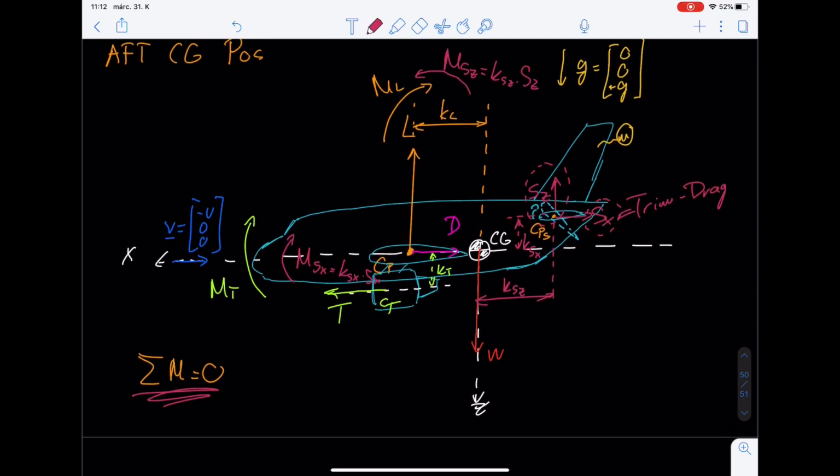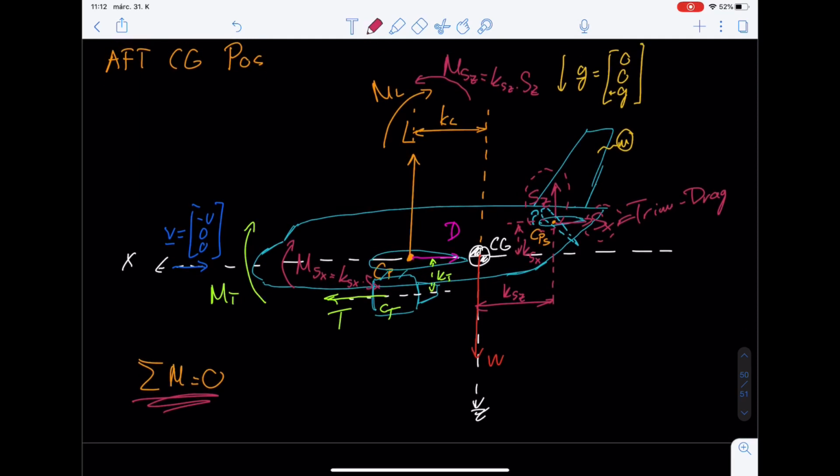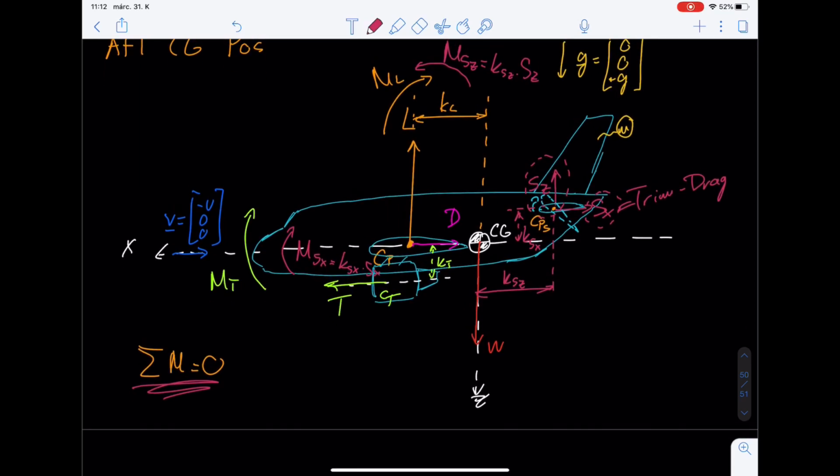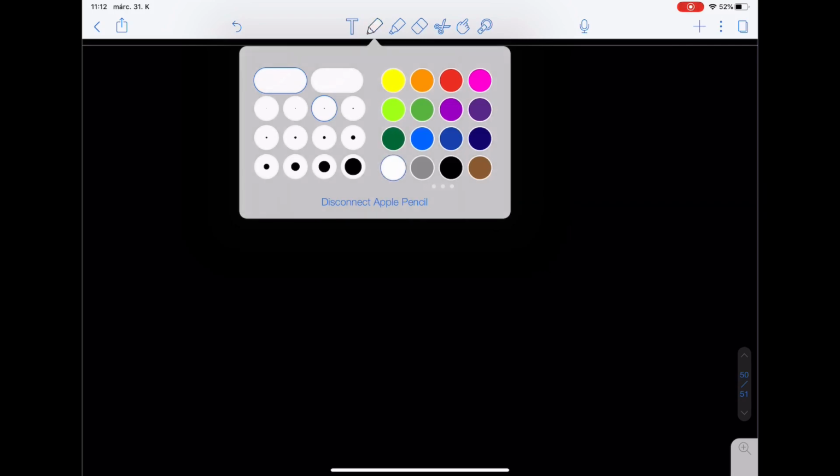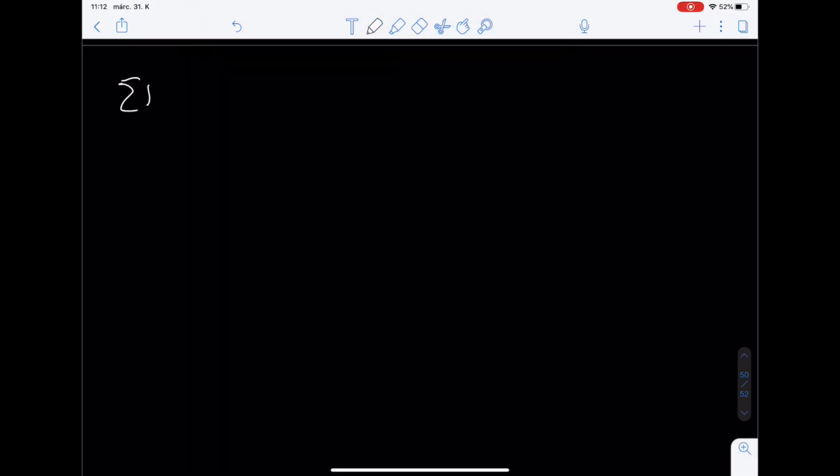So with this elevator deflection, I have achieved the situation where the sum of the moments is 0, basically. Okay, so let's collect the sum of the forces. I have in the Y and in the Z direction.